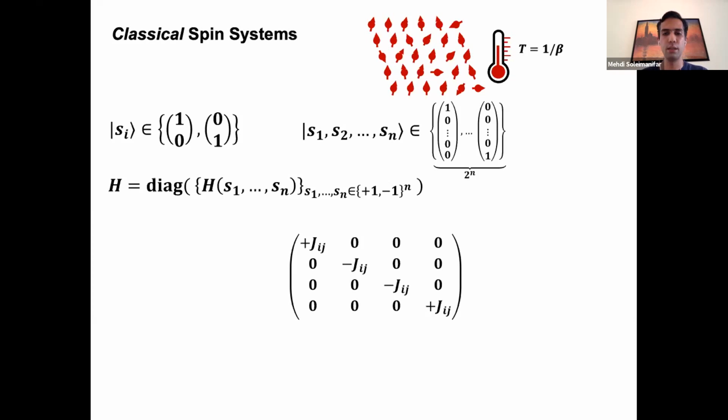There is a more convenient way of writing this 4x4 matrix in terms of the tensor product of 2x2 matrices. So this Z here is just a matrix with plus or minus 1 on its diagonal, and the index i or j just tells which vertex this matrix is assigned to. So you can check that the left-hand side and the right-hand side are equal.